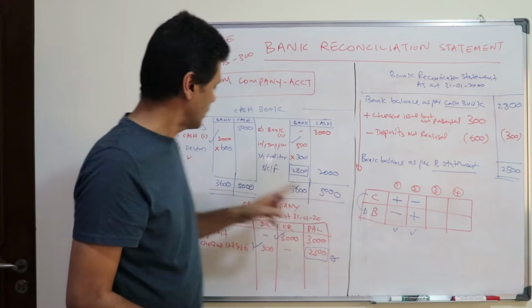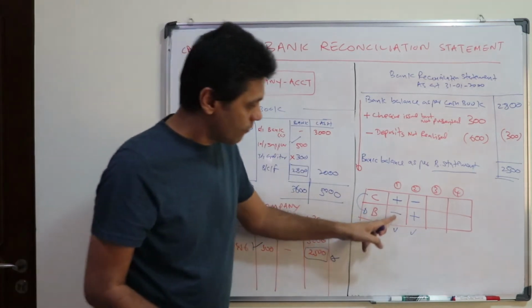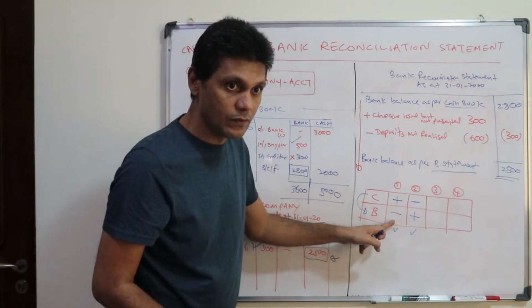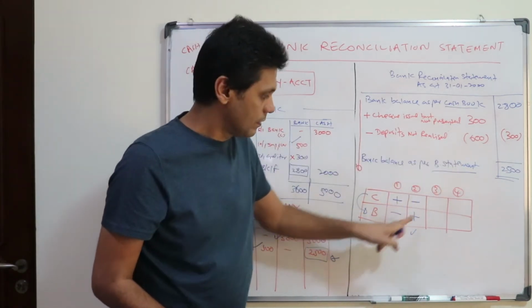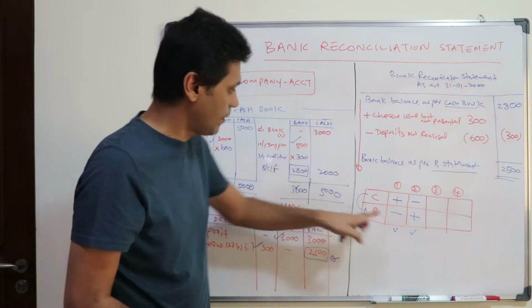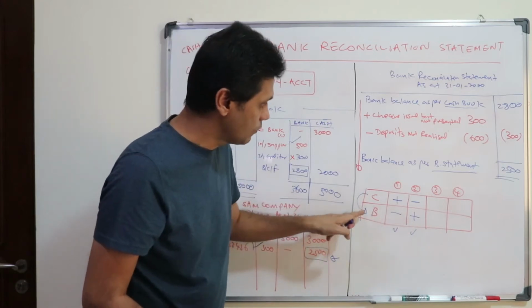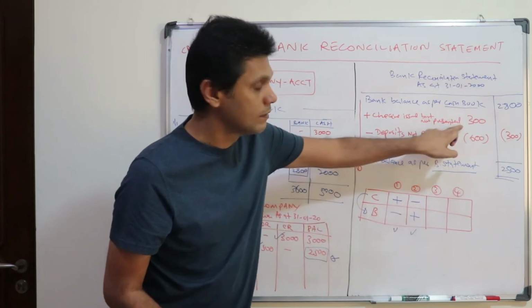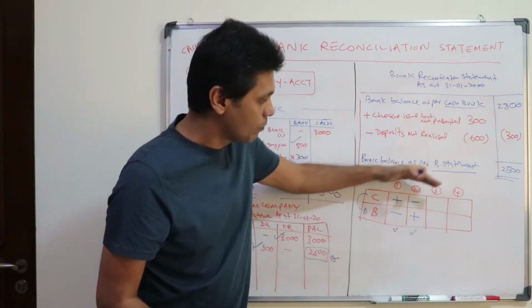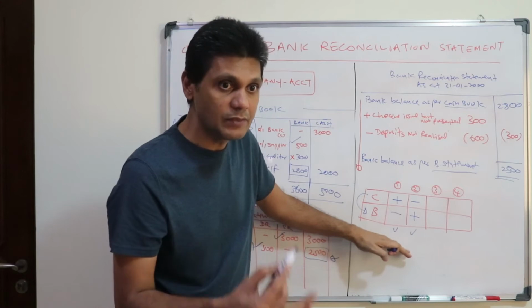The first transaction is 600. What you have to do? Minus. Second transaction is a plus. To arrive at cash book to bank statement balance, what you should do? Add. We added.